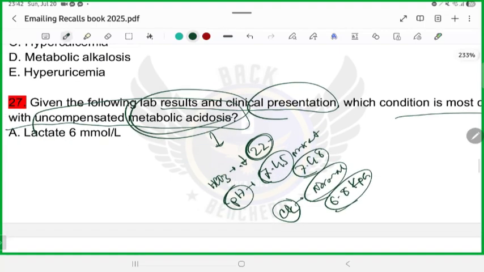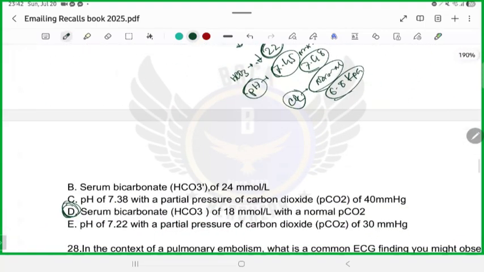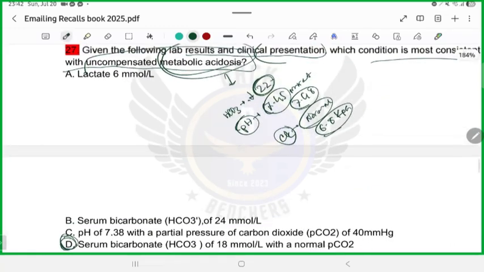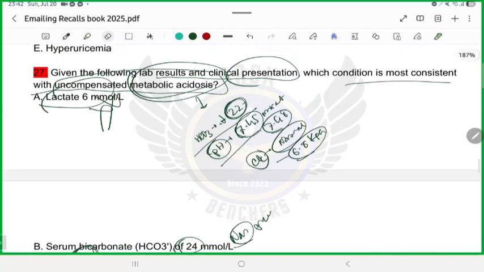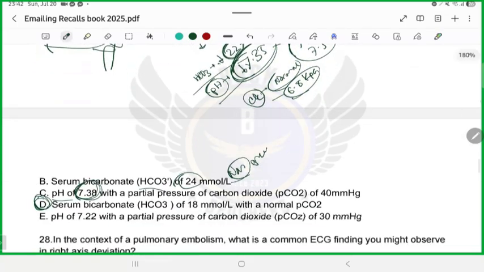Now let us check for this scenario in our options. That's how we approach our questions. First thing, lactate, I didn't tell you about lactate, right? So forget it, don't go for it. Serum bicarbonate 24, that is normal, so that will not be in case of metabolic acidosis. pH 7.38, guys, no, this is not acidosis, pH would be less than 7.35, like 7.2 or 7.31.